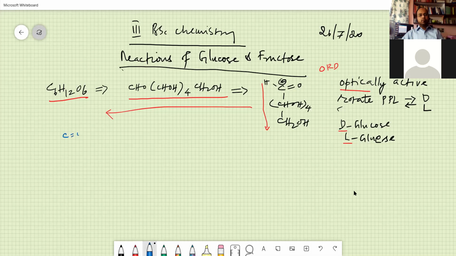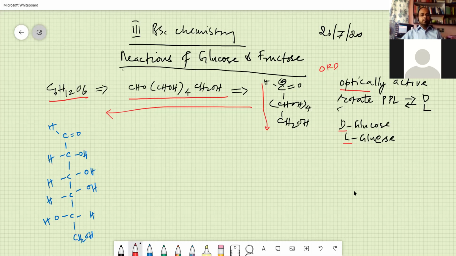C double bond H, then CH 3, 4, 5, 6. This is it. For example, I can put OH on the right side, and then right side, right side, and then left side OH here, then H here, H here, H here.